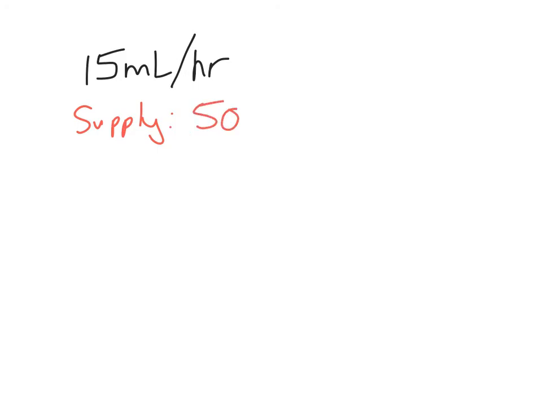And just again, here's what's happening. If I'm told that a patient is being given 15 milliliters per hour of a certain medication, I know that the medication supply is, I want to make sure that I actually did that right. Was it 50?